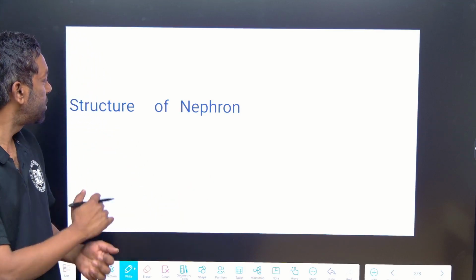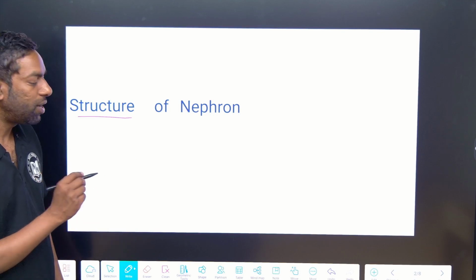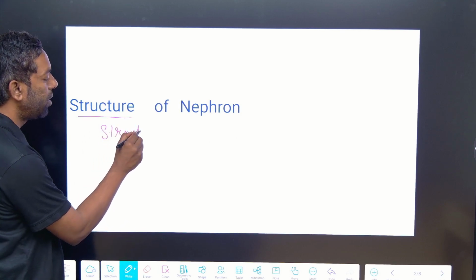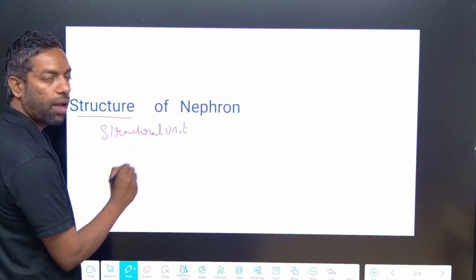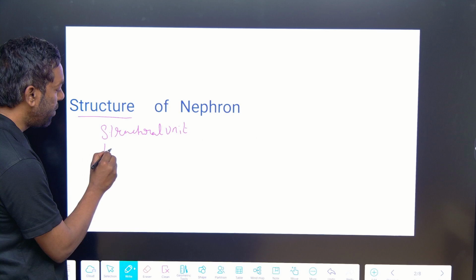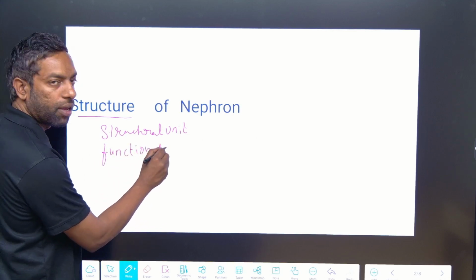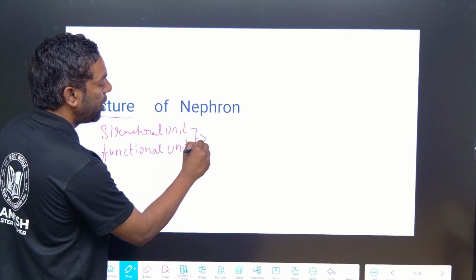So, coming to the structure of nephron, nephron is the structural unit and functional unit of the kidney.